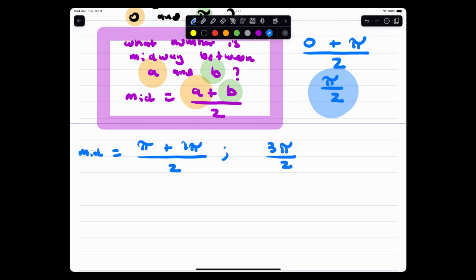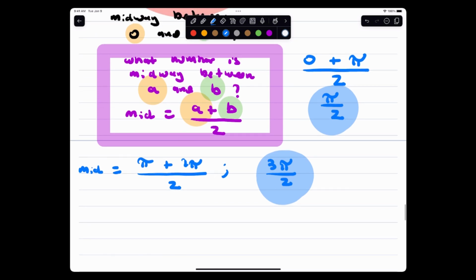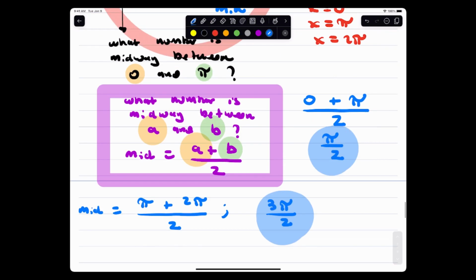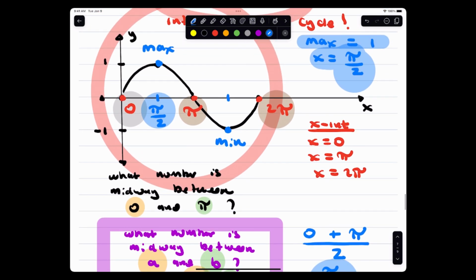Is that true? And there it is, 3 pi over 2. So this answer is 3 pi over 2.